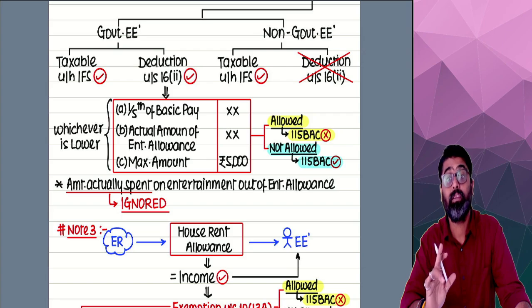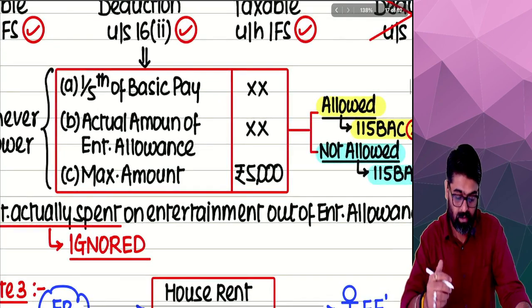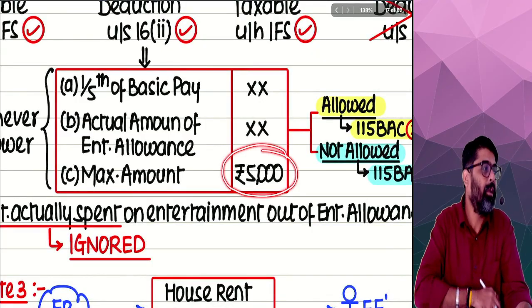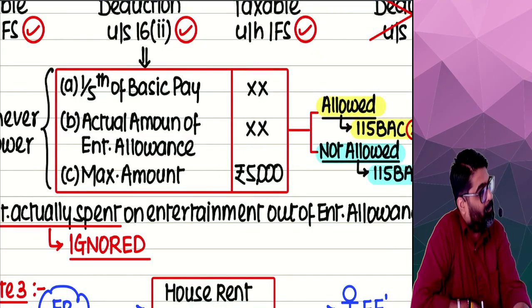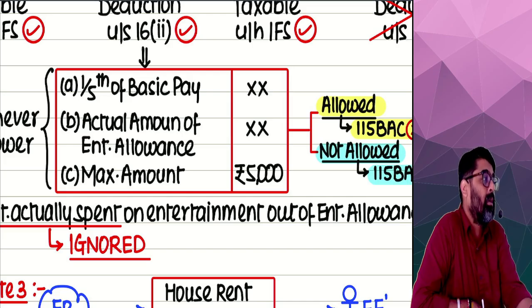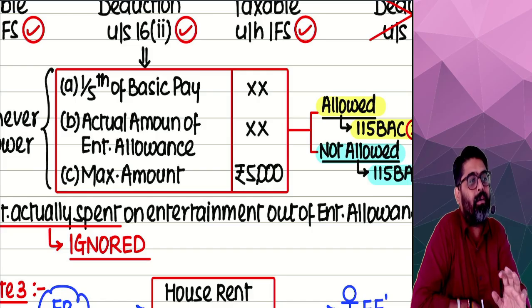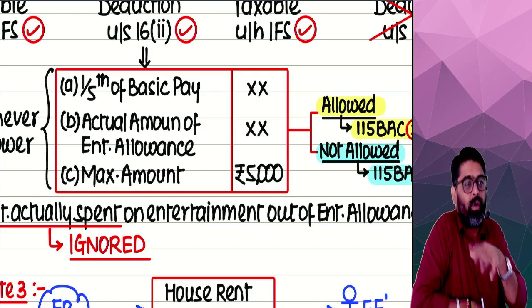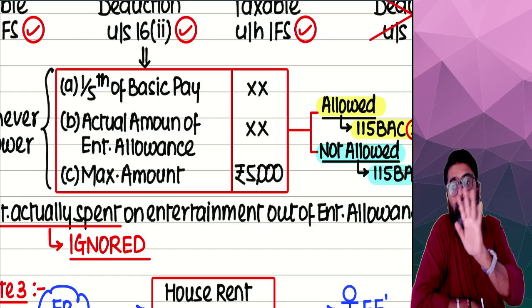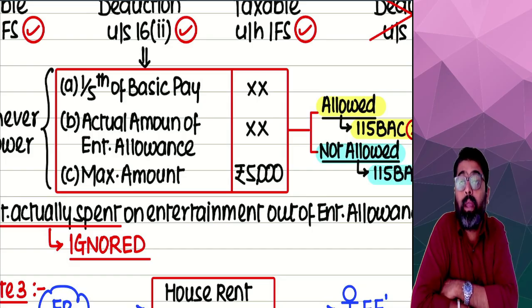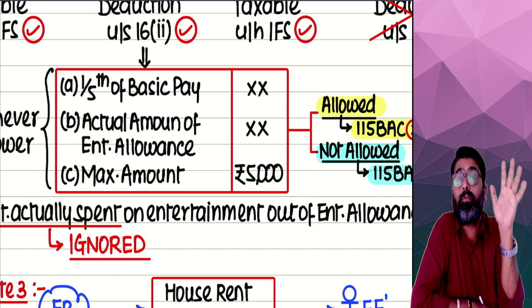Is it per month? If it were per month, 100% I would have written per month. But did I write per month? So for the full year, the total deduction for entertainment allowance available is maximum 5,000.